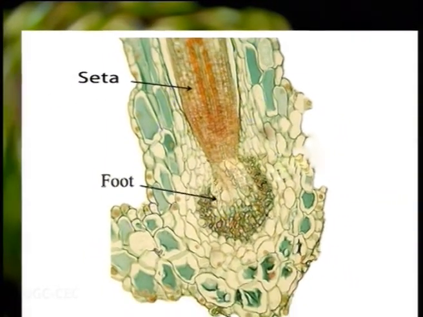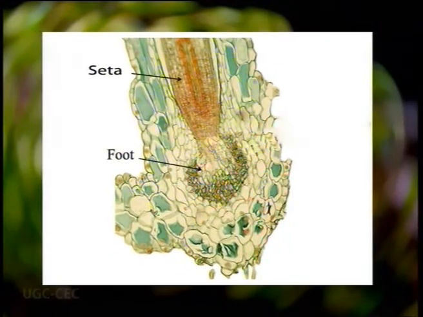The central strand functions as a primitive type of vascular system. The thick-walled cortex gives strength to the slender seta. It enables the seta to bear the weight of the capsule. Conduction and support thus are the two functions of seta.